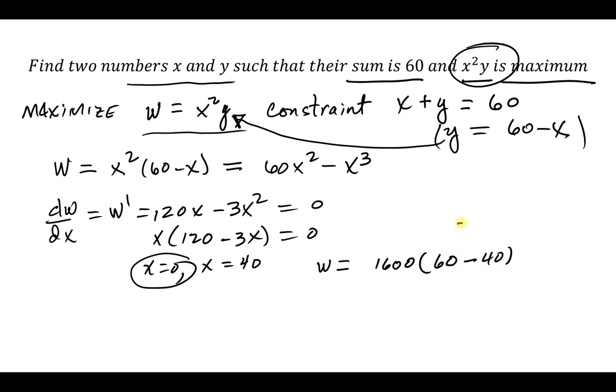And that makes y equal 20. So the two numbers are going to be 40 and 20. And the w max is going to be 1600 times 20, which is 32,000.